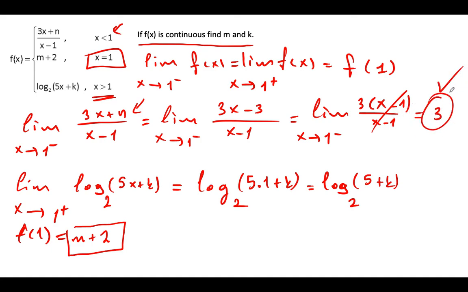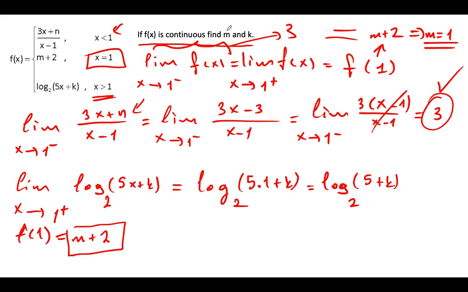Now there is no problem in this case, so n must be 3. If n is 3, and 3 must be equal to f(1), so this part is now 3. And f(1) we said is m plus 2, so m plus 2 must be equal to 3. Then m will be equal to 1.